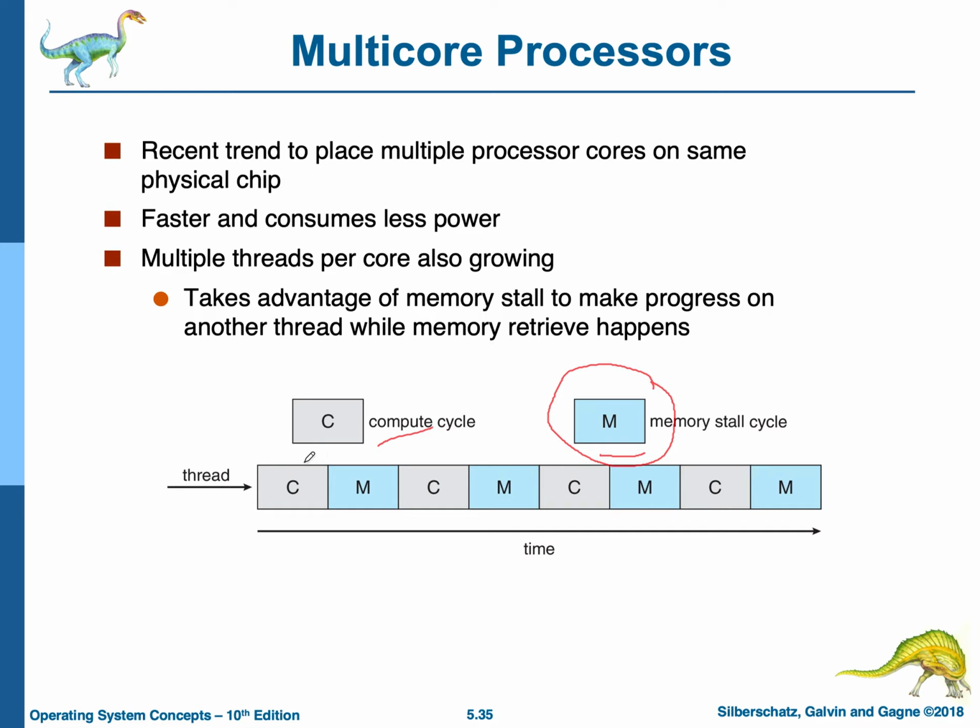So you can say that this is a compute state, and then again it goes to the memory stall for some data, and when it gets the data, it computes something, and then again memory stall, compute, and memory stall, compute, and memory stall. So one after another, the state goes like that in a cycle.